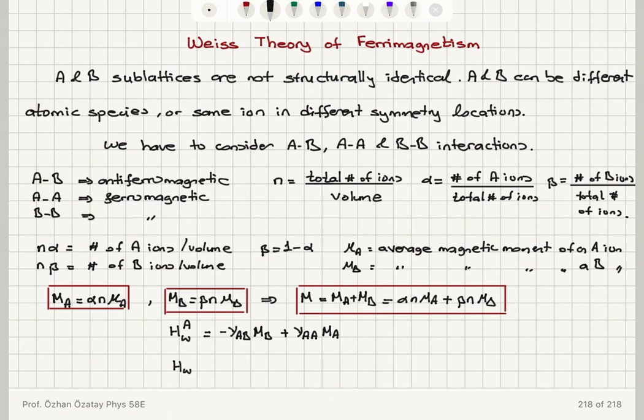The Weiss molecular field acting on the B sublattice is minus gamma AB MA and plus gamma BB MB. So we have antiferromagnetic and ferromagnetic interactions included.